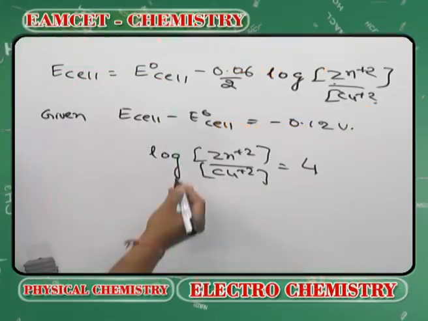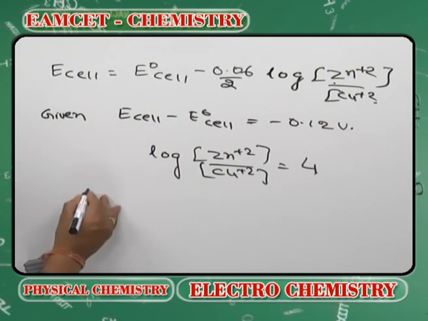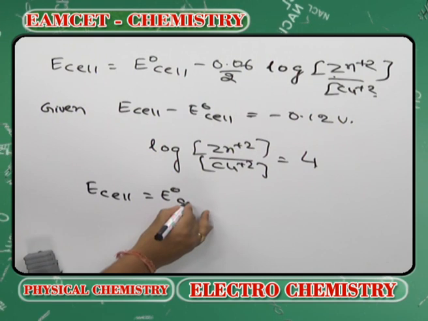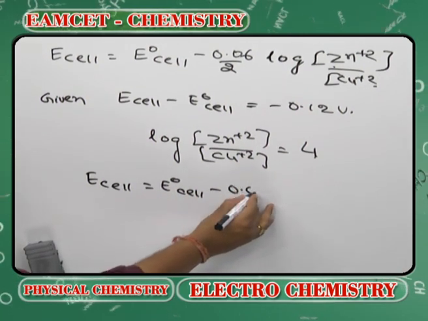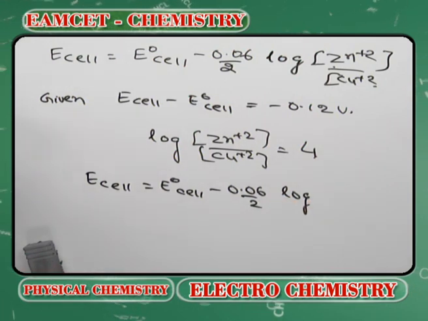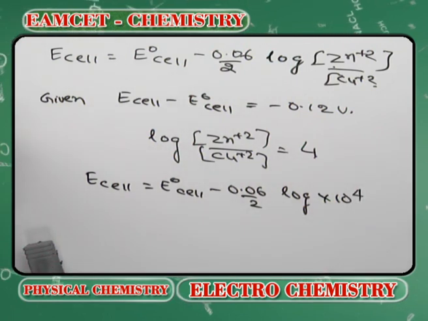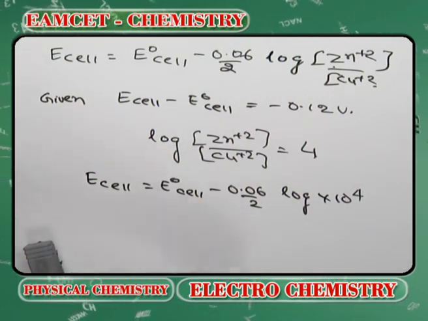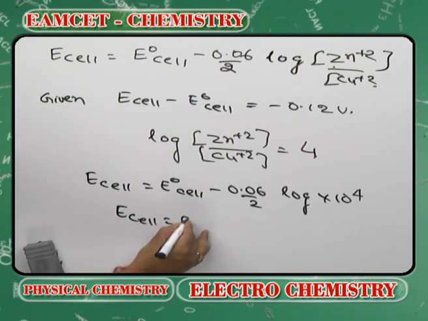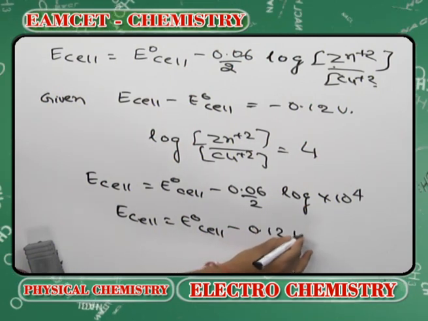That can happen only in option 3, because E cell is equal to E naught of the cell minus 0.06 by 2 into log Zn plus 2 by Cu plus 2. If it is 10 to the power 4, what will happen? E cell will be equal to E naught of the cell minus 0.12.